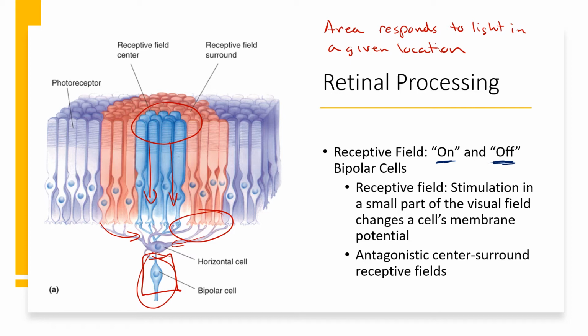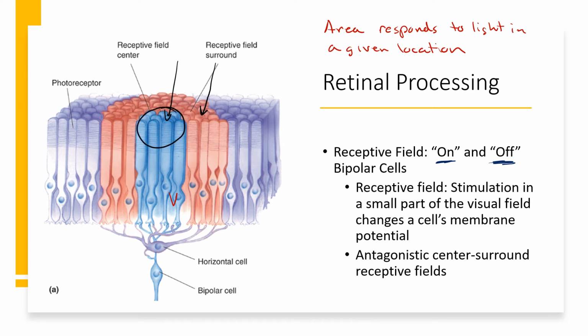What that means is a bipolar cell will be more responsive to light either in the center of its receptive field or in the surround of its receptive field. An on-center bipolar cell will respond to light in the center. An off-center bipolar cell will respond to light in the edges with greater activity levels. We'll get more to this in a second.